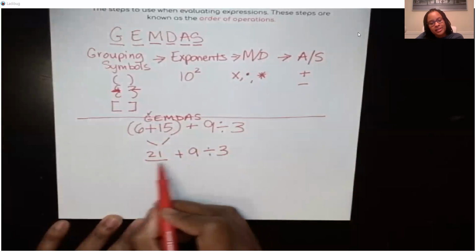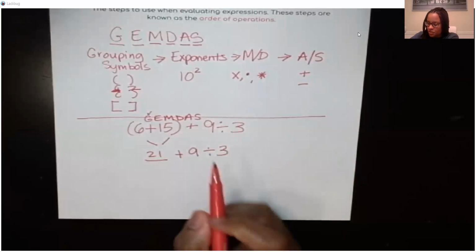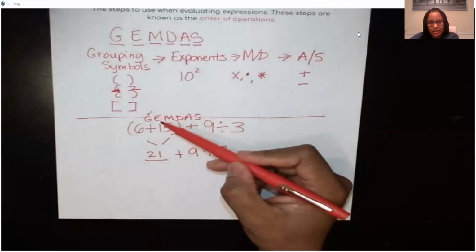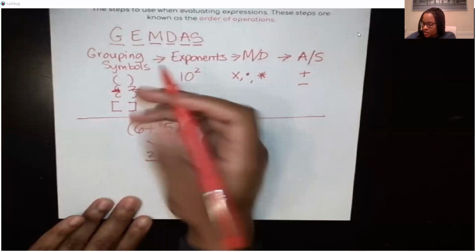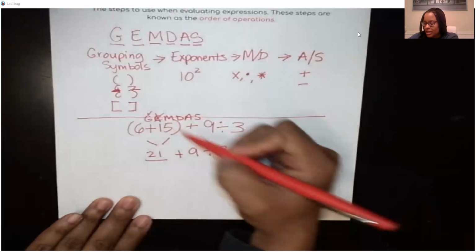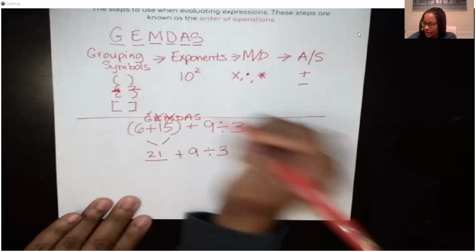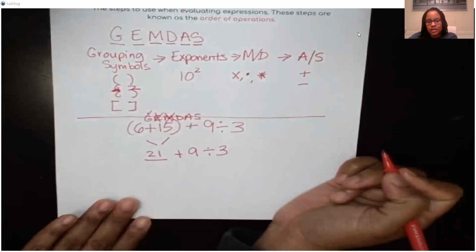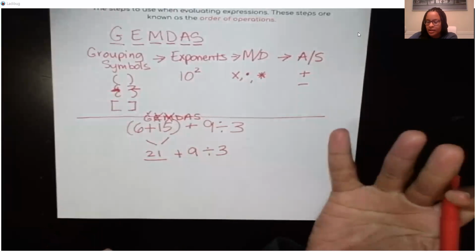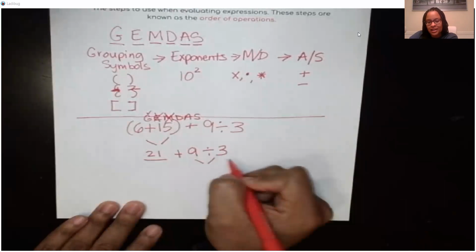And then in this second step, I'm going to figure out what else do I have? Do I see any exponents? No. So I'm just going to cross out the E in exponents. Do I see anything where I need to multiply? No, I don't think so. So I'm going to cross that out. Do I see anything where it needs to divide? Yes. So now I know this is what I'm going to do next. I'm going to divide 9 divided by 3.